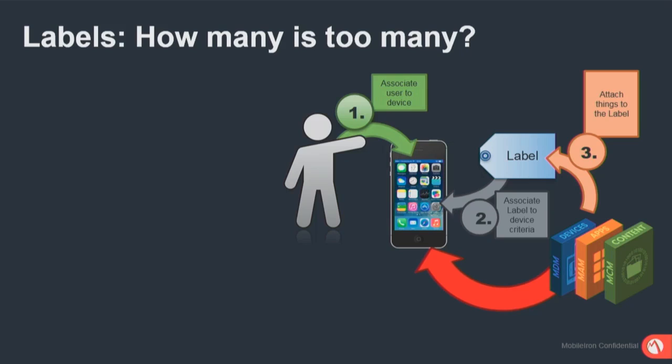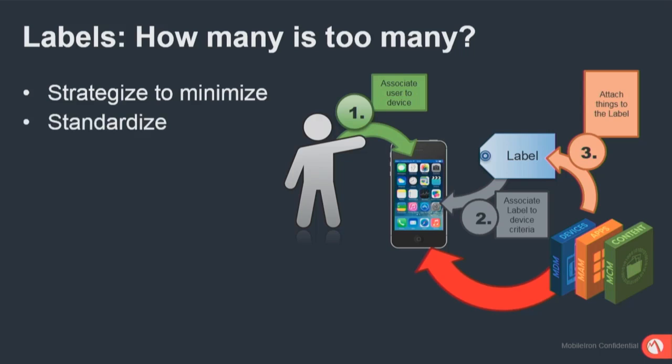If you're new to MobileIron, Labels is the vehicle that links apps, configs, settings, and policies to groups of users or devices. A couple of the strategies that we recommend are: plan ahead and think ahead when you're creating your label strategy. Standardize by using corporate standard, intuitive naming conventions.